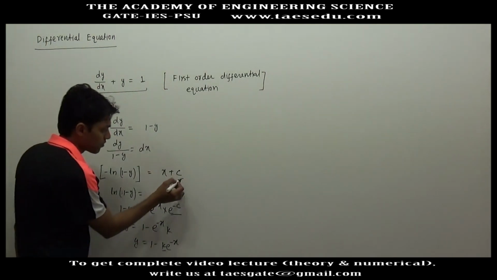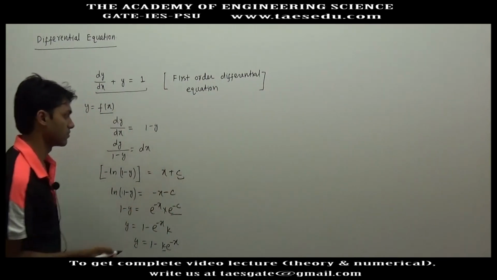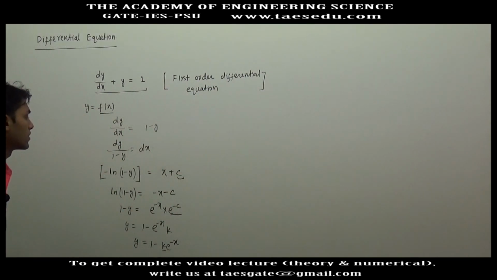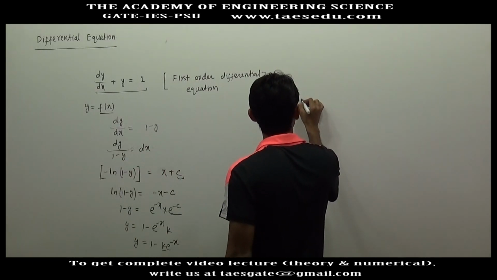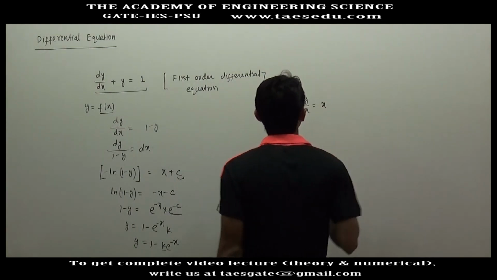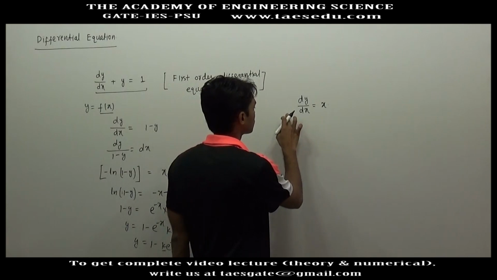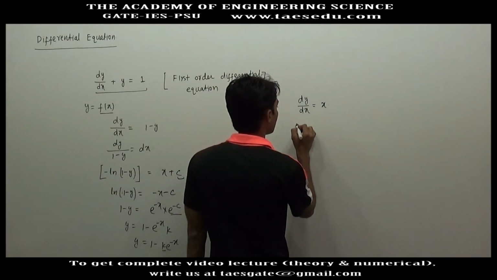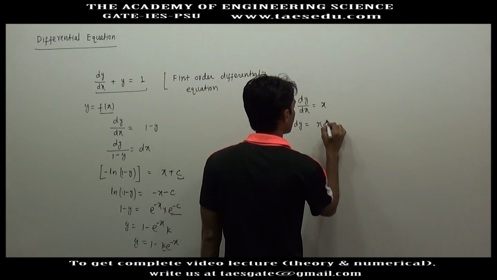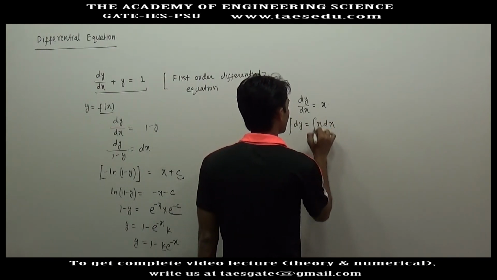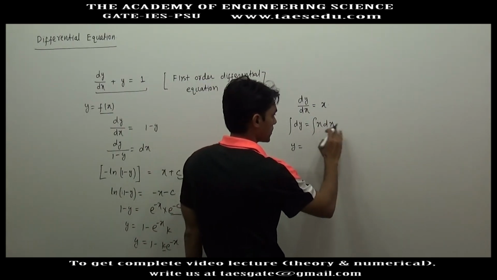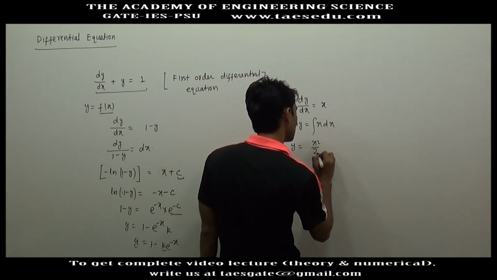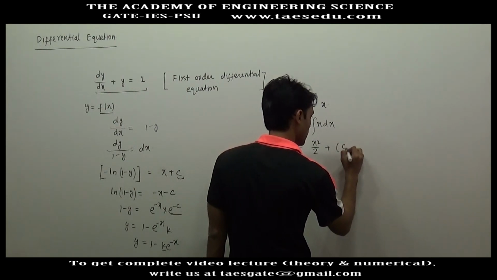Why we have to take a constant here, I will explain in a different example. For example, if we take an even simpler differential equation, like dy by dx is equal to x. Now if we solve it, dy is equal to x dx, and if we integrate both sides, here we will have y, and the integration of x dx is x square by 2, and let us not take any constant.